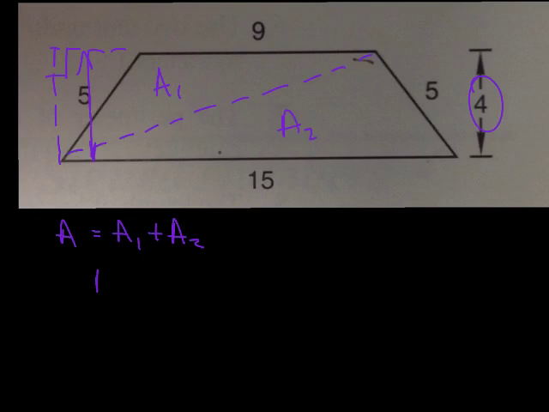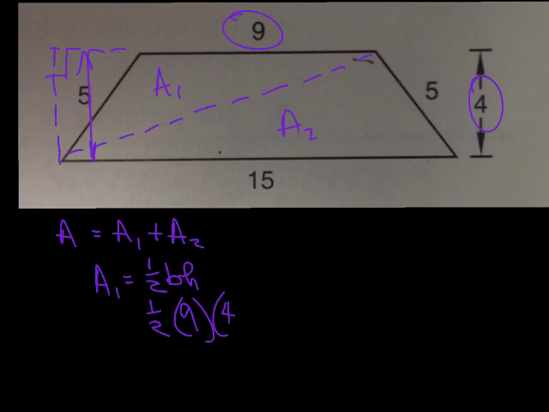So the first area is 1/2 BH, or 1/2 the base, which in this case, we're doing this one up here, so the base is 9, times 4, which is going to be 18. So the area of A1 is going to be 18.